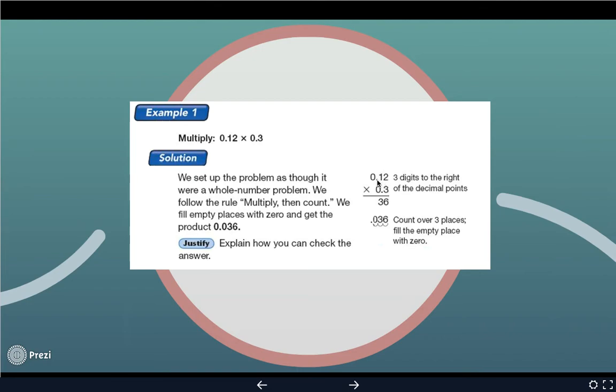We have 1, 2 spaces here for the tenths and the hundredths spot, and then we have 1 space here for the tenths spot on this number. So that's a total of 3 spaces. I'm going to start from the right and move over 3 spaces. 1, 2, 3. We're going to have an empty spot here, so we add in our 0. So our answer would be 0.036.